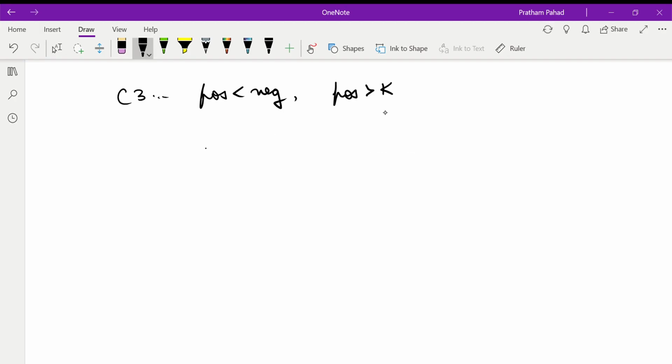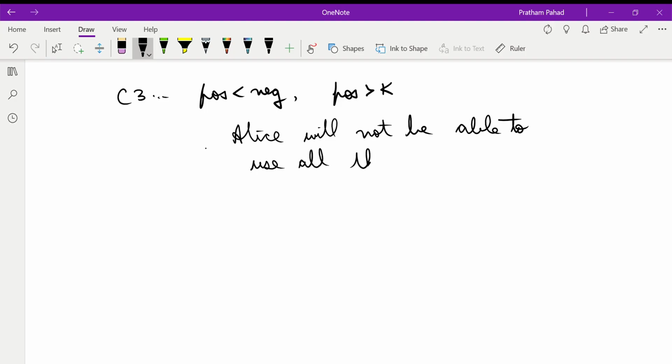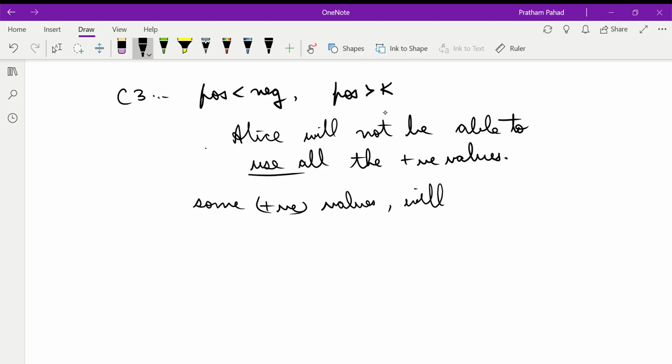Alice will not be able to use all the positive values, which means some positive values will still be remaining.